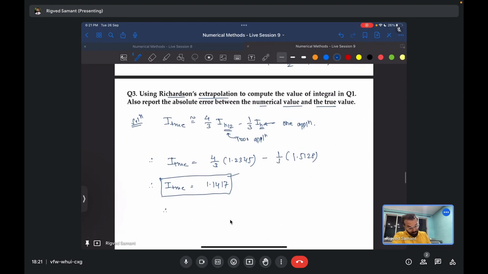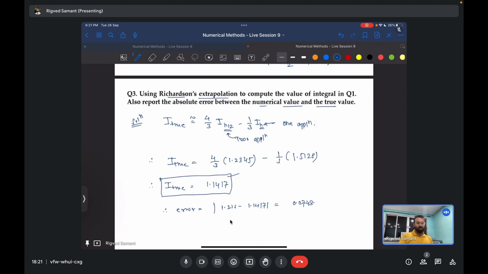So therefore the error is 1.216 minus 1.1417, which is 0.0743.